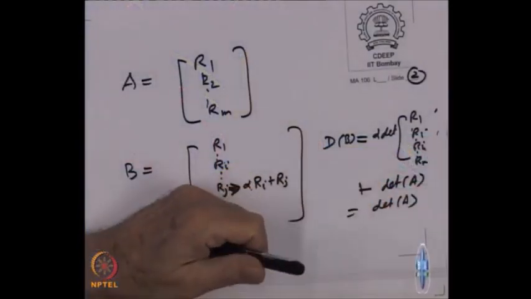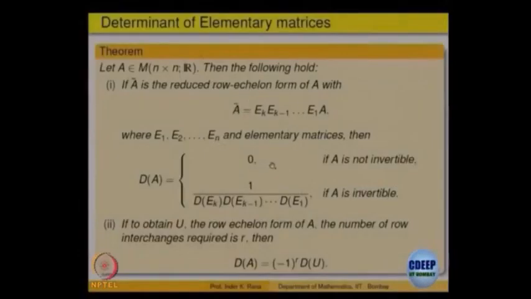So, one possibility, the reduced row echelon form of a matrix A will be identity, in which case its determinant is 1, or there will be a row at the bottom which is 0. If that is the case, what is the determinant? That is 0. So, we get 0, right. So, two possibilities arise. If A is not invertible, then it is 0, and if it is invertible, this is 1, this is 1 over this, clear. That is just from the form of the reduced row echelon form. It is a product of elementary matrices into A.